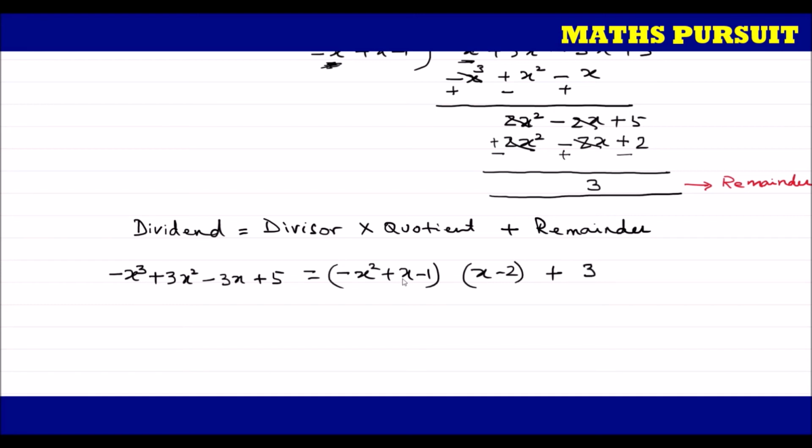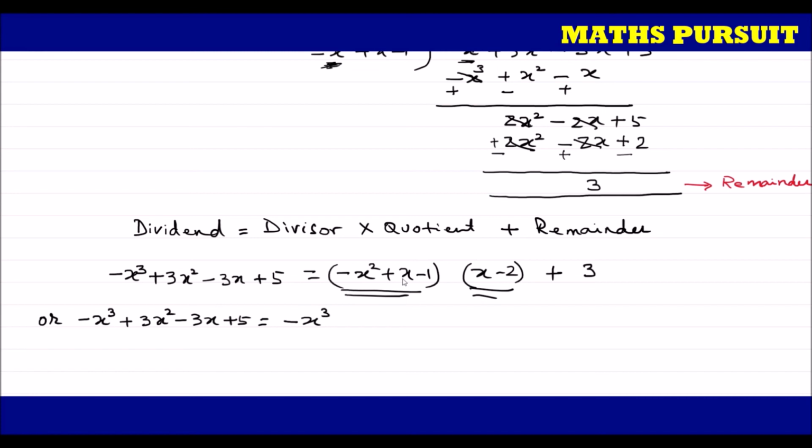Now let us solve this equation and see what we are getting. So I can write minus x to the power 3 plus 3x to the power 2 minus 3x plus 5 is equal to, let us multiply these two things first. Minus x to the power 2 into x is minus x to the power 3.